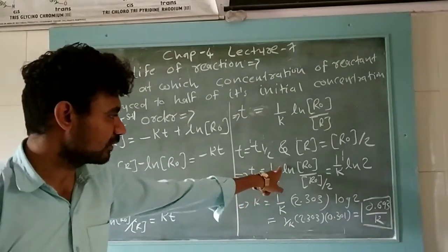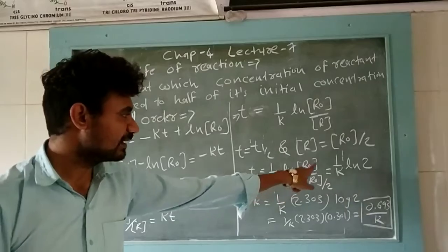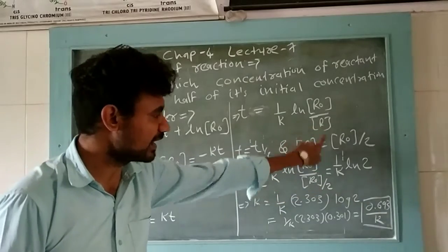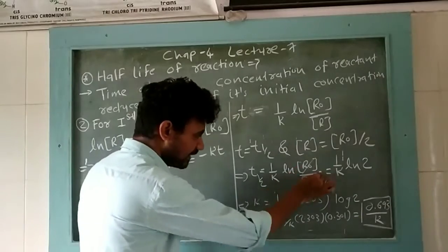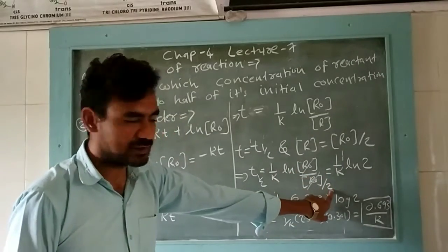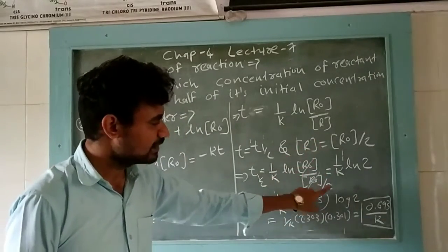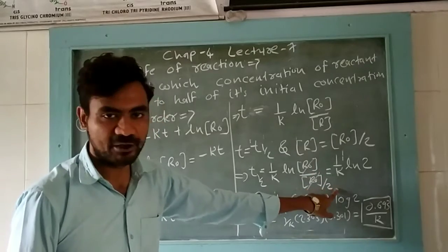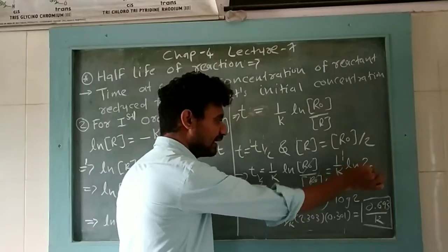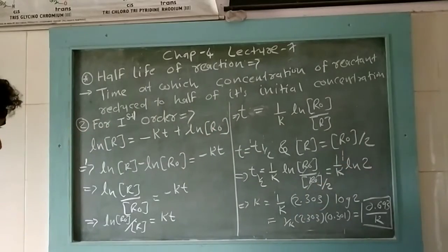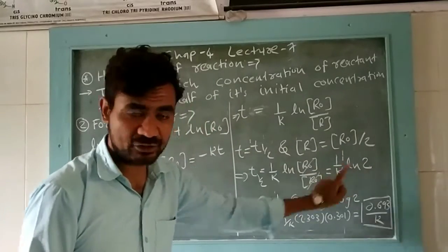t1/2 is equal to 1 by K into ln R0, and instead of R, I am putting R0 by 2. Now R0 will be cancelled out, and the 2 will be in the numerator because it is denominator of denominator. So 1 by K into ln 2. Now convert this ln into log.